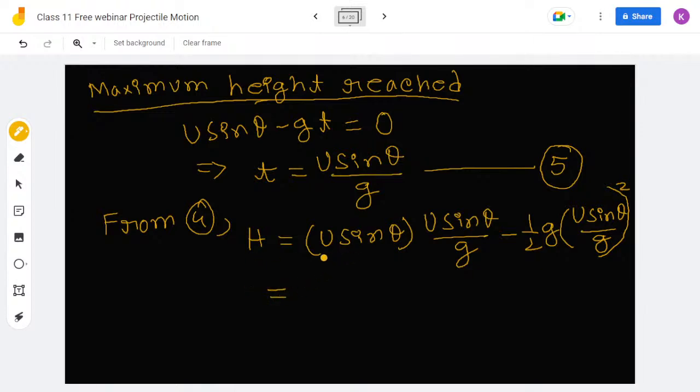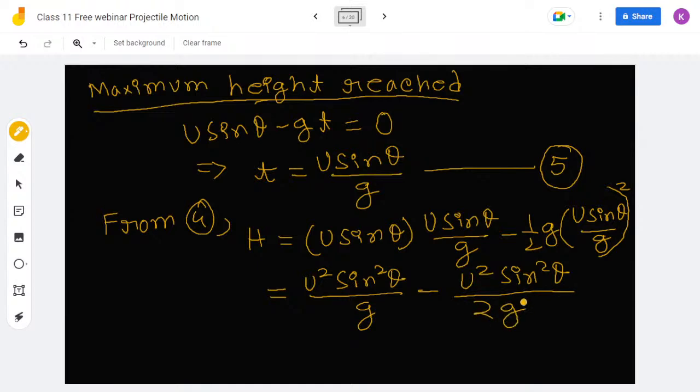Again, if we multiply this, we get u square sin square theta by g minus u square sin square theta by 2g. So if we take u square sin square theta by g common from both sides, we get 1 minus half, which gives us half. So this becomes u square sin square theta by 2g. Let's take this as equation number 6.